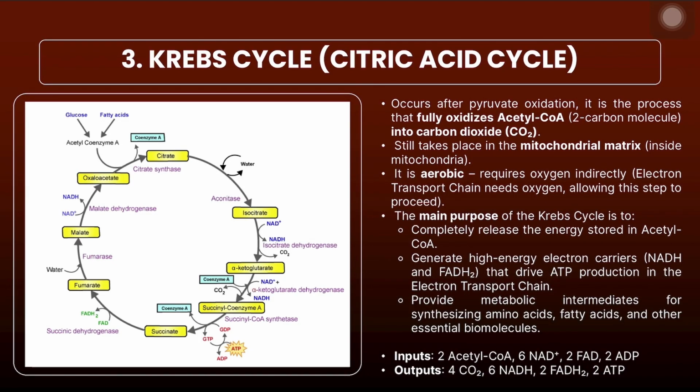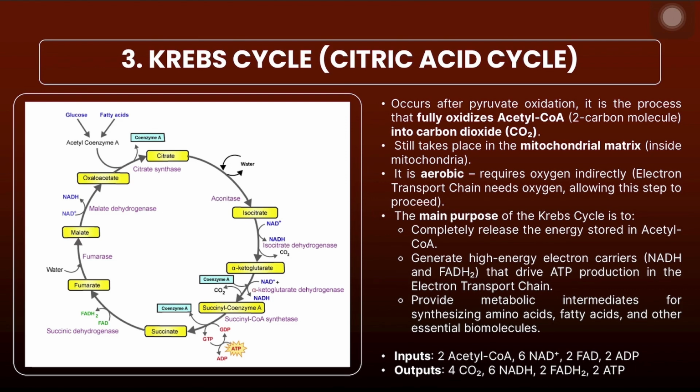Okay, so here the main purpose of the Krebs cycle is to completely oxidize the acetyl-CoA into carbon dioxide. It also generates high energy electron carriers like NADH and FADH2, and these high energy electron carriers will drive the ATP production in the electron transport chain later on.